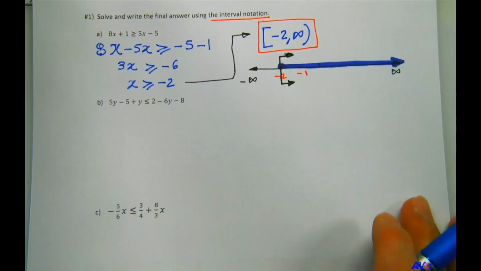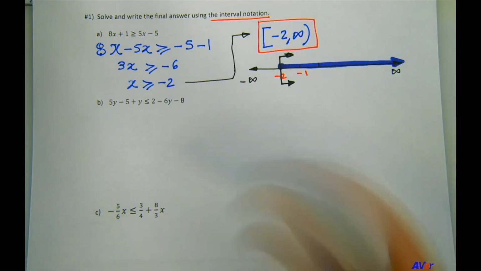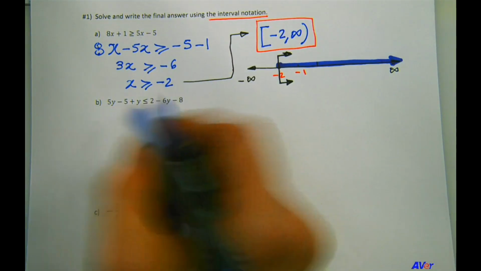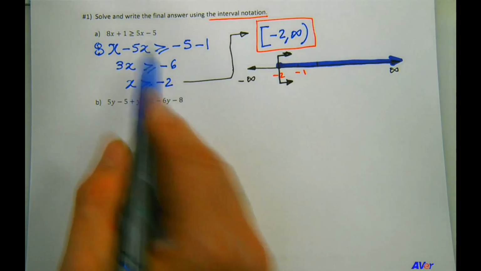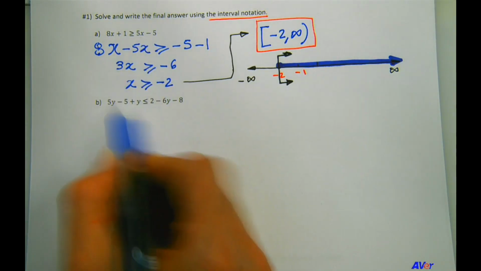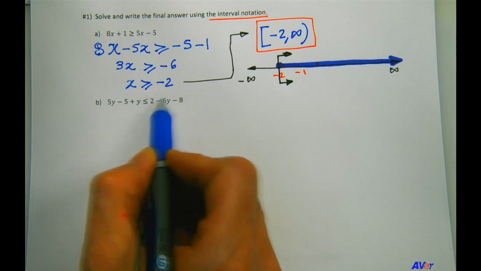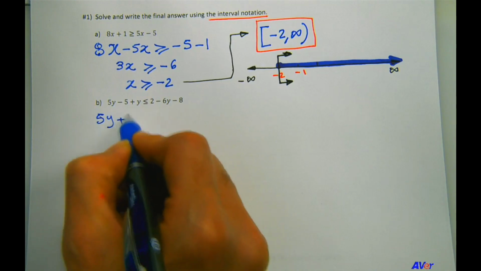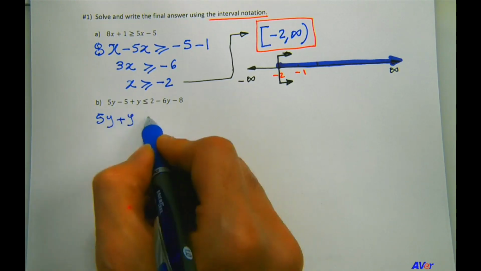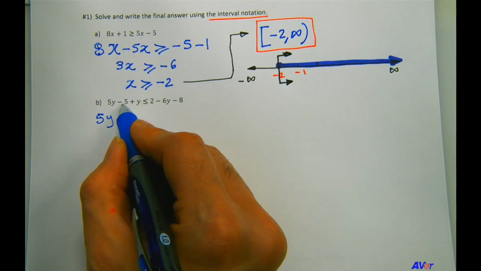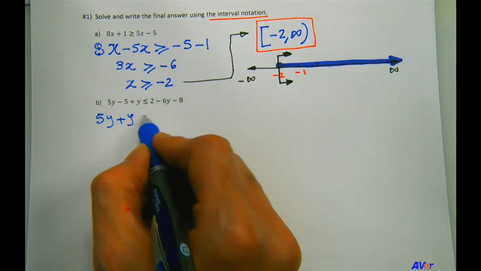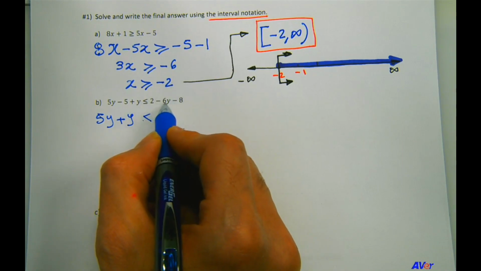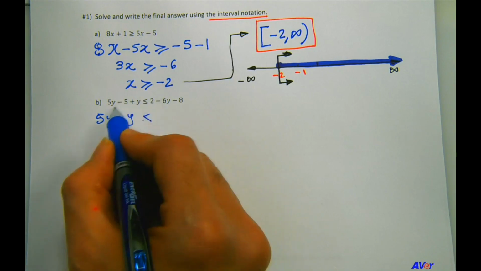Okay, so this one, and again, I'm hoping you've already solved these two and you're waiting to see my solution, which would be great. So again, just like before, we want to collect all the variables on one side and all the constant values on the other side. So we have 5y, we have plus y, and then no more variables on this side. And I want to send this -5 to the right-hand side. So we do have -6y, another variable on that side. So I need to bring that to the left, right?